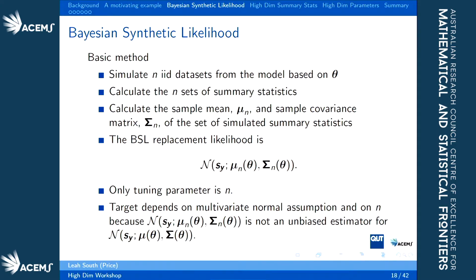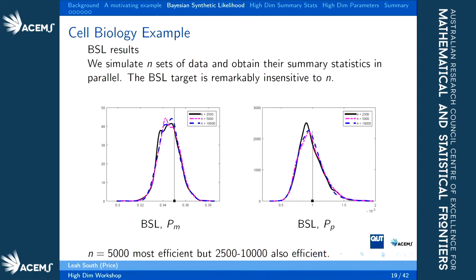In ABC you have the tuning parameter epsilon. Here we have the tuning parameter n, which is the number of simulated data sets from the model for a single value of theta. So the target depends on the multivariate normality assumption for obvious reasons, but it also depends on n, the number of simulated data sets, because the multivariate normal PDF that you get using the estimated mean and covariance from n simulated data sets isn't an unbiased estimate for what you get if you had the true mean and covariance for that value of theta.